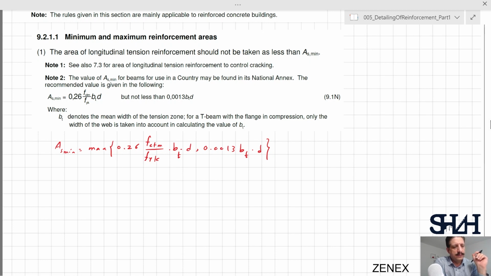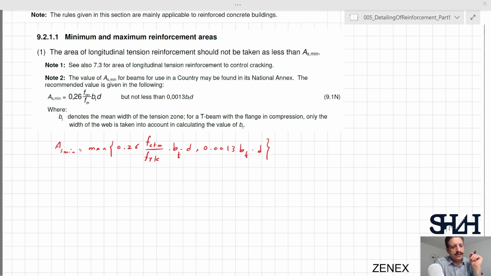For a T-beam with the flange in compression, only the width of the web is taken into account in calculating the value of bt. fctm can be found in table 3.1, and from here we can calculate As,min. As,max also is limited in Eurocode, and the value is 4% of the area of the element.